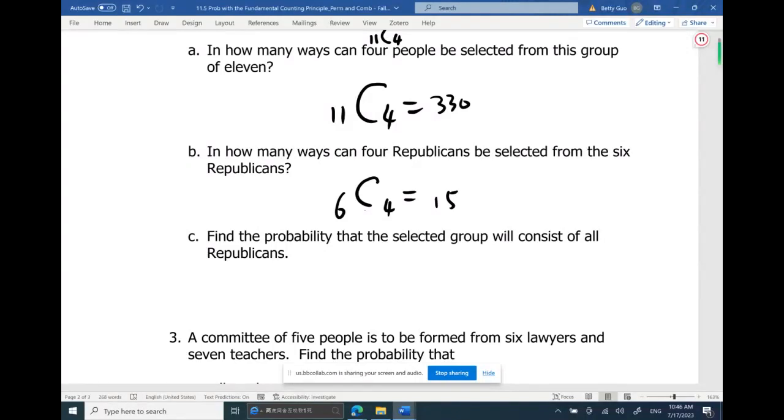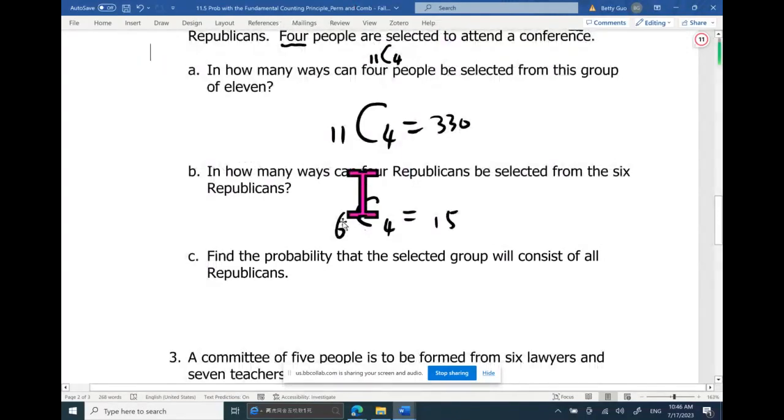I'm going to do the same thing again. You don't have to, since it's probably a multiple choice question, but as a free response question, the formal way to write a solution is you have to specify. If you use the letter E to represent an event, you have to specify what E represents.